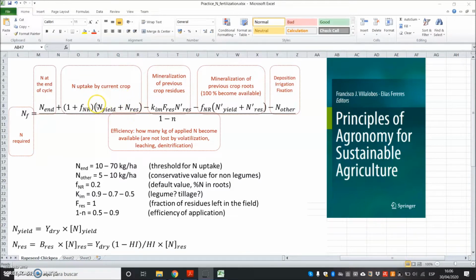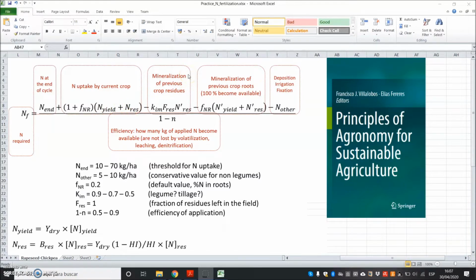So we will have a component that depends on the roots. This parameter is the fraction of nitrogen in the roots in relation to the fraction of nitrogen in the above ground biomass. And we will consider the nitrogen content of the harvested organ and the residues.